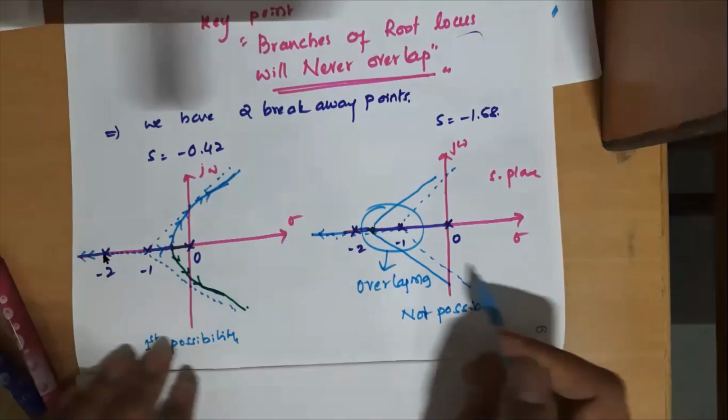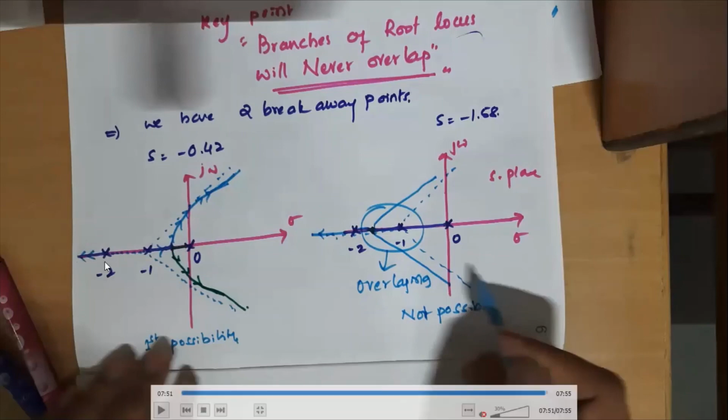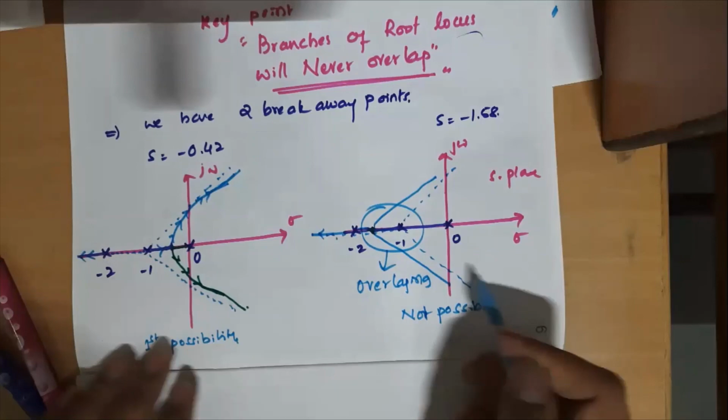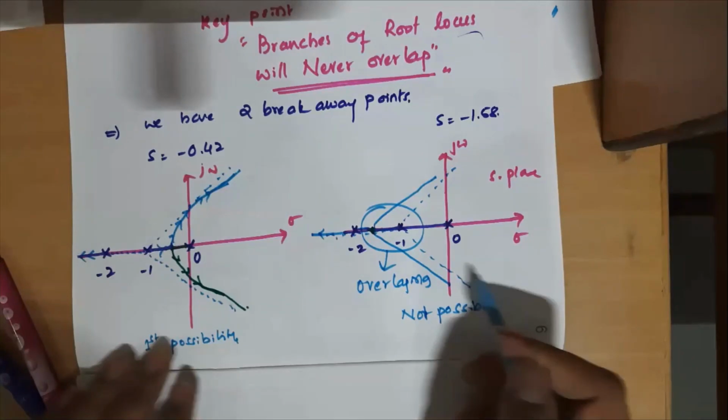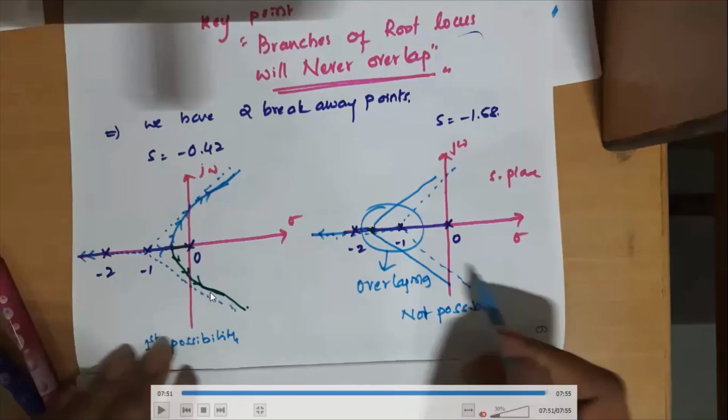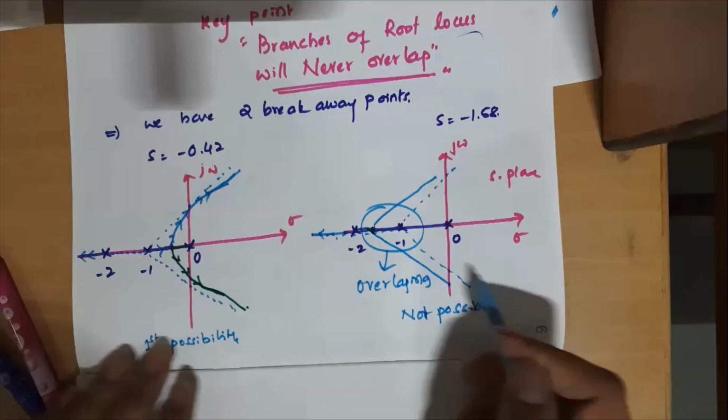One pole is moving to the left half and it will end at minus infinity according to the definition of asymptote. Another pole is initially in the left half side with its partner, but after some K, both are moving to the right half. So the branches of the root locus are moving from left to right.